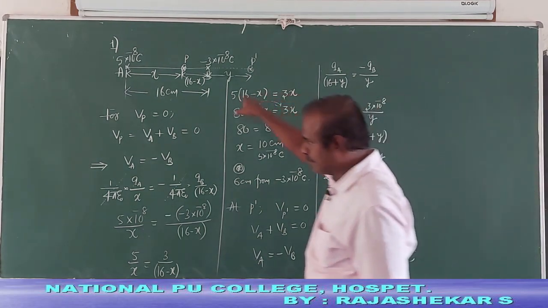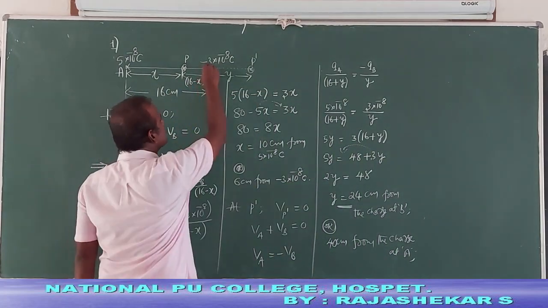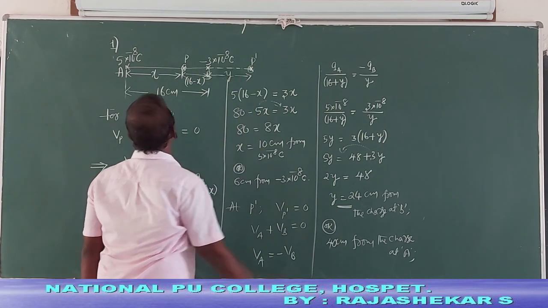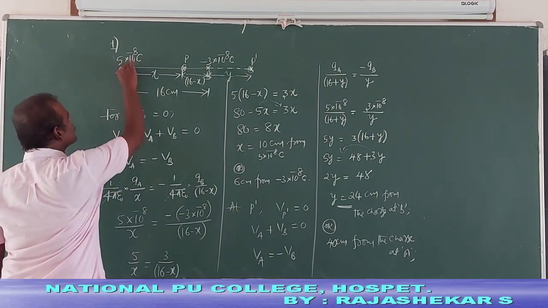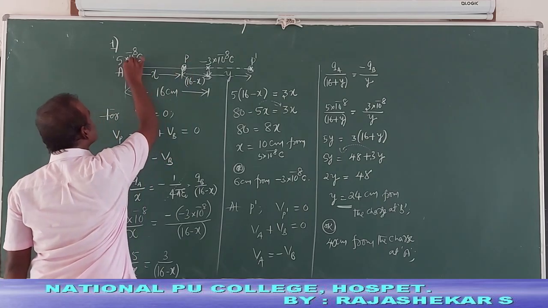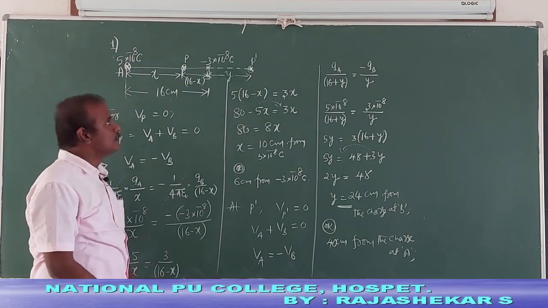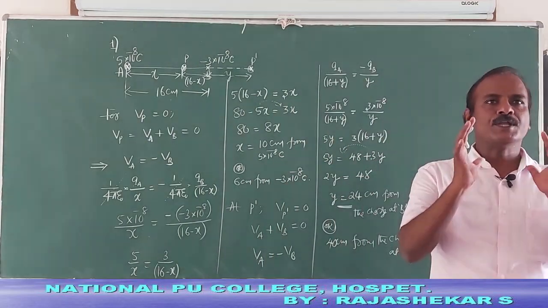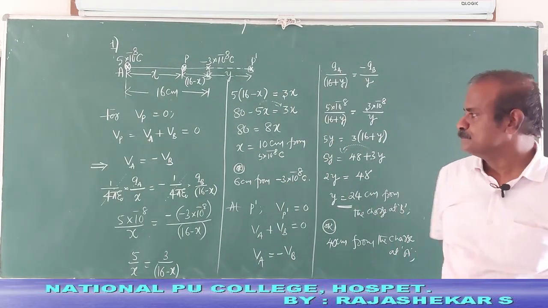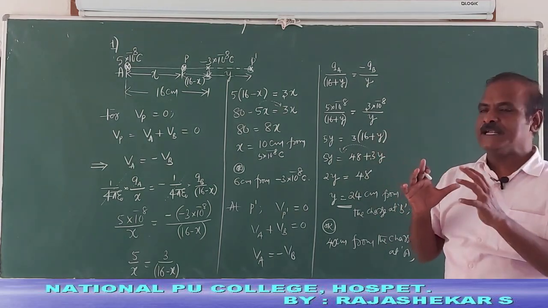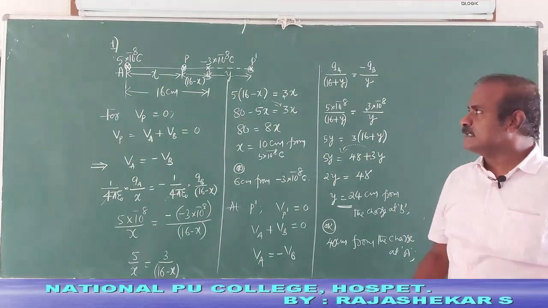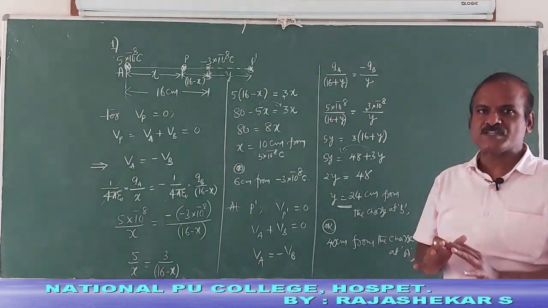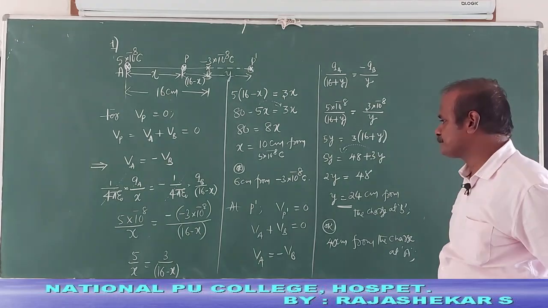On the line joining, like this. So P and P dash are 2 points on the line joining where potential is 0. And distances are specified. The position of P is specified from A as well as from B. Position of P dash is also specified from A as well as from B.